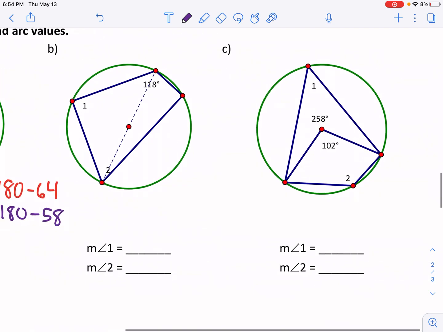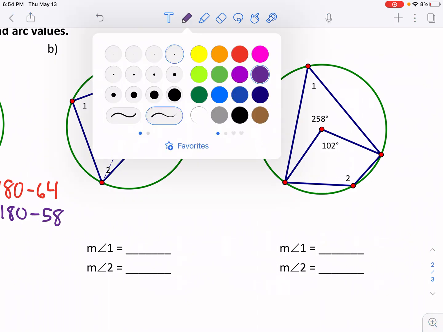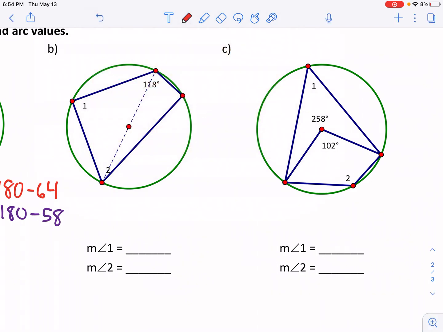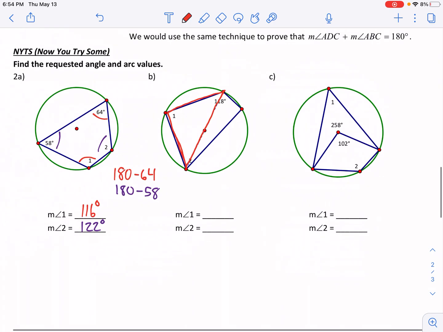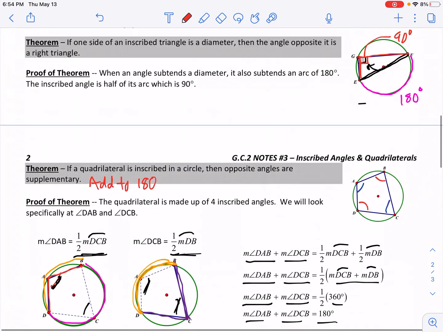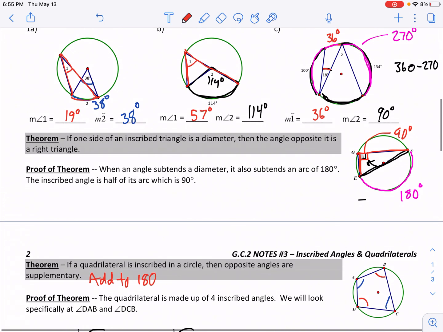On this next example, we also have a quadrilateral, but I also want to point something else out to you that maybe you can't spot right away. Notice we have a diameter, and with that diameter, we're forming a triangle. So not only do we have a quadrilateral here, but we actually have a triangle. And what do we recall about a triangle that's inscribed in a circle whose one of their sides is the diameter?